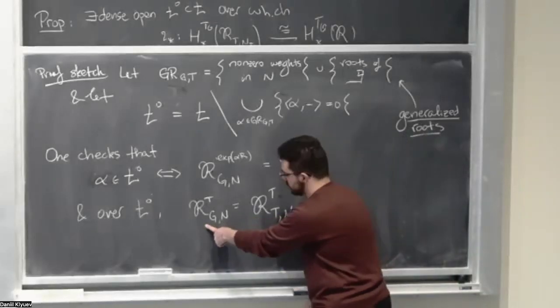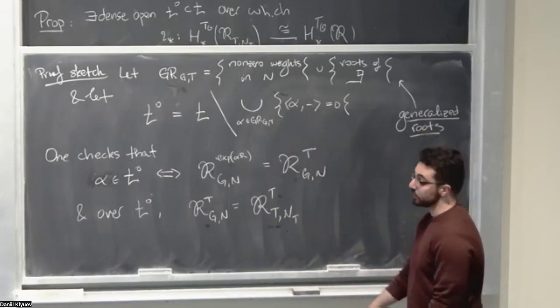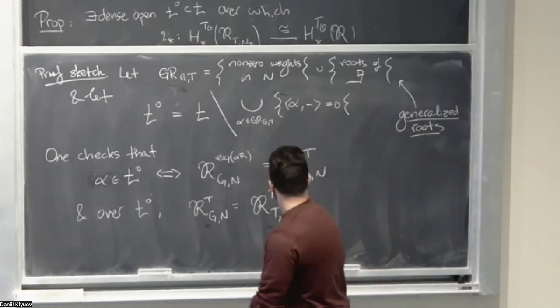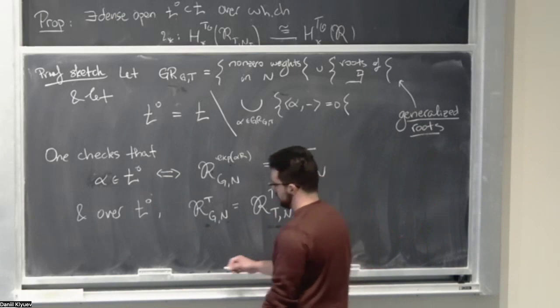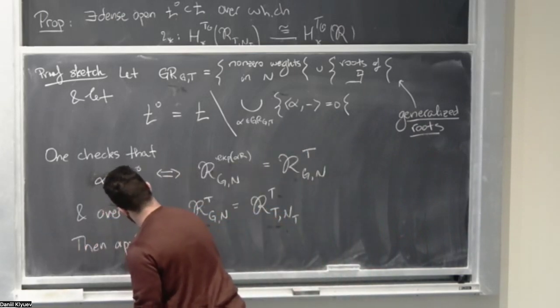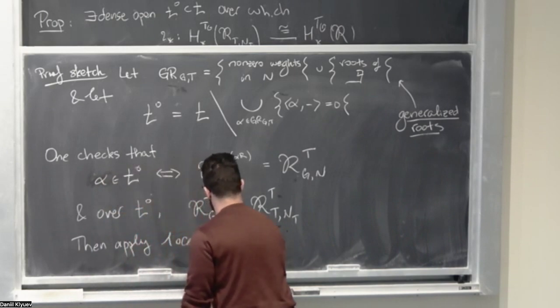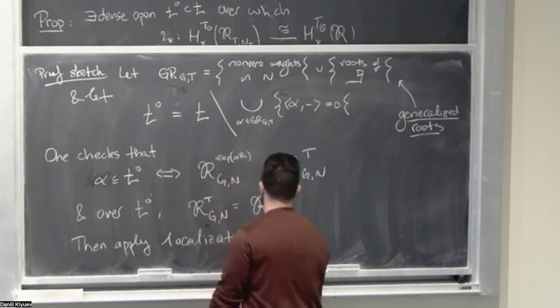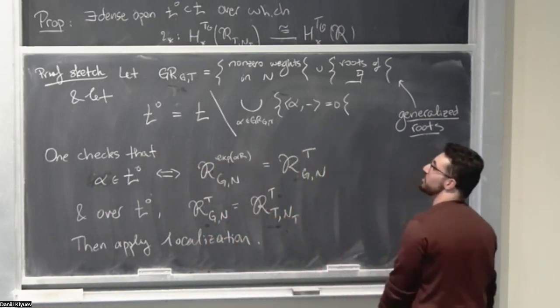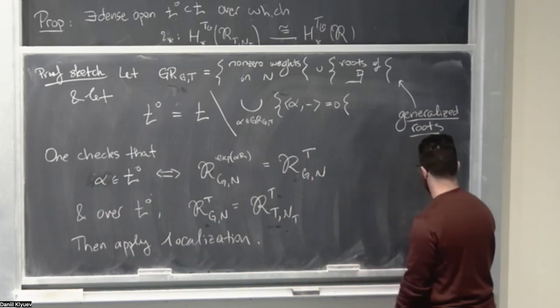Those are the same as the torus fixed points for GN, as long as you're living over T0. And this is the point where we use the localization theorem. That's why I was sketchy with the statement of the theorem, because I'm sketchy with how I use it anyway.